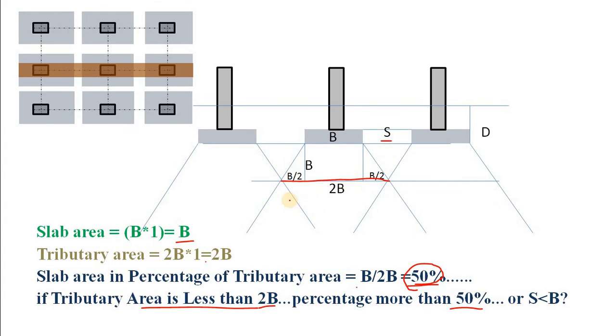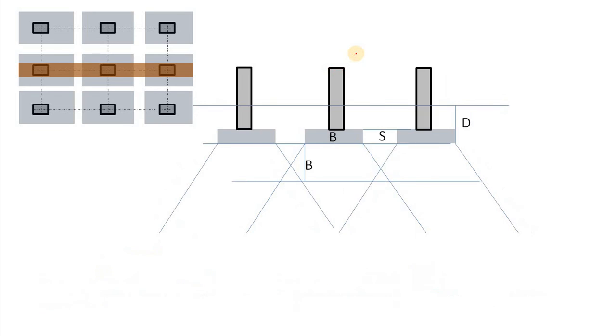You can see here the soil from this point to this point was carrying the load only coming to this column, but in this case the soil from this point to this point is carrying load for this column, partly for this column and partly for this column. So obviously it cannot carry this much amount of load. This footing will simply sink. Okay, that's why you have to go for Raft foundation.